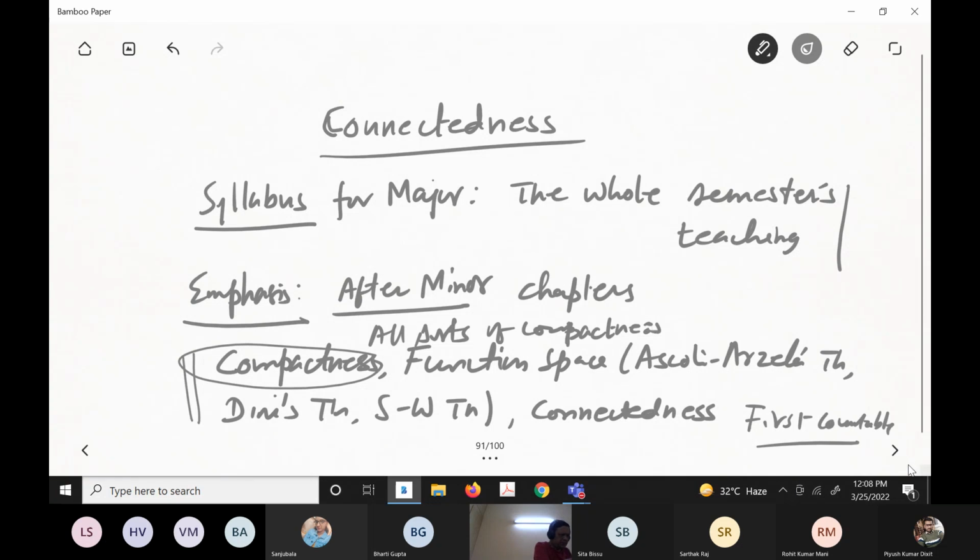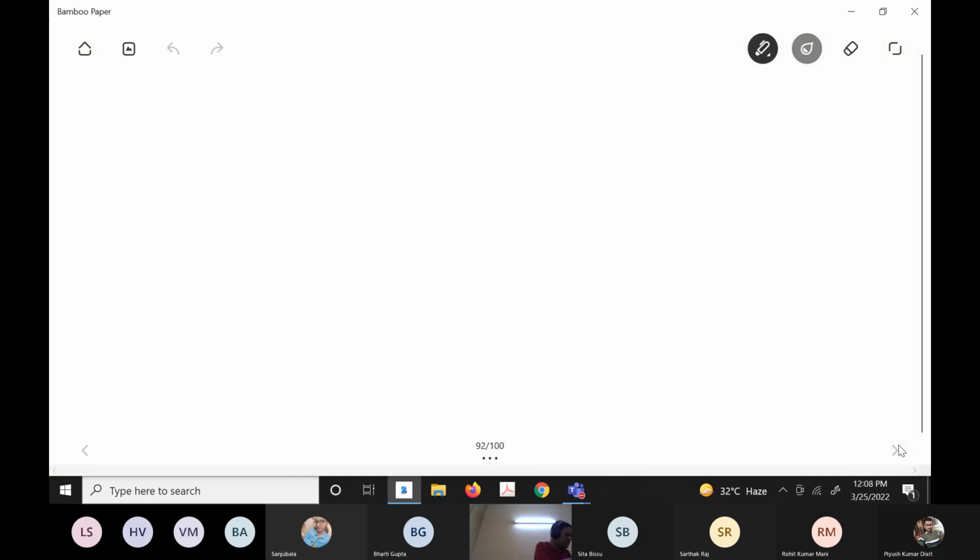Now let me go to connectedness. Last semester I defined connected metric space. But in the working, there is not much difference between connected metric spaces and connected topological spaces.